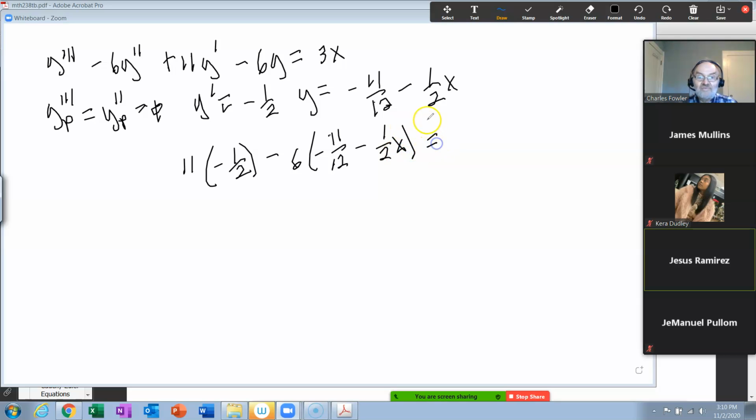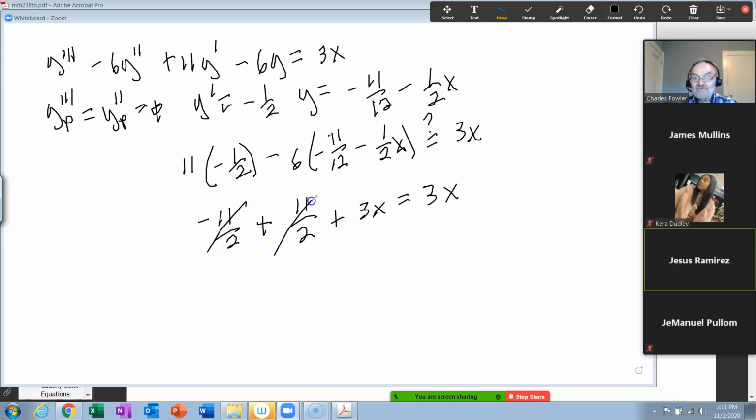And the question is, is that equal to 3x? This will be minus 11/2 plus 6 times 11/12, which would be plus 11/2, plus 3x is equal to 3x. Yes, these two add to 0 and 3x is equal to 3x.